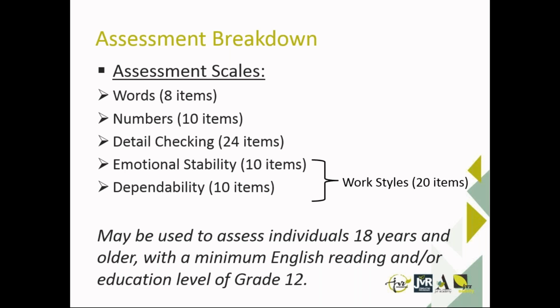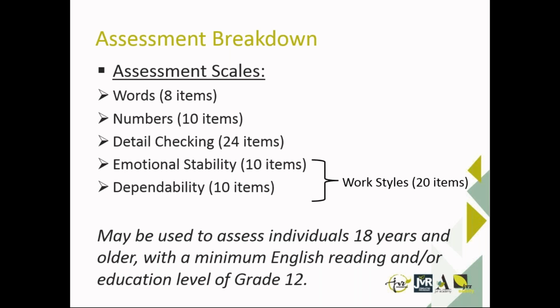Details, our third scale, that's 24 items, which measures your detail checking and accuracy ability. Candidates are presented with 2 sets of words and numbers and are asked whether the 2 sets are identical or not, by being asked to determine whether information in the copy column contains the same information as the original column.